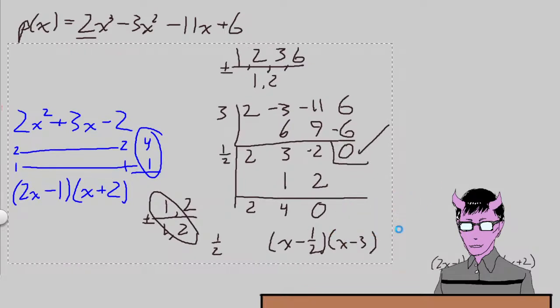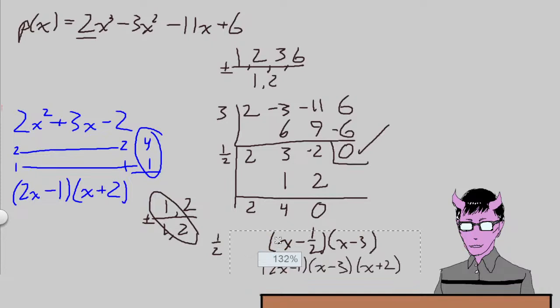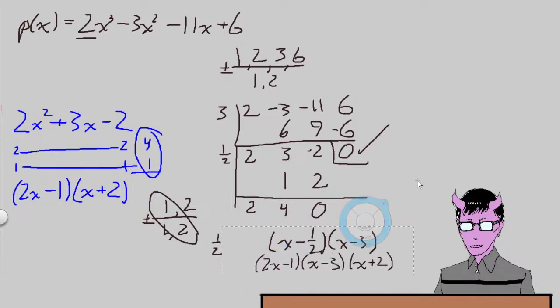So let me unhide the answer from behind my back. Here's the answer. The complete answer. That's what we have so far. You can see that the x minus 3 agrees with this x minus 3. That's no problem. But what is this? This is an x minus 1/2. That's kind of distinct from 2x minus 1. Right?